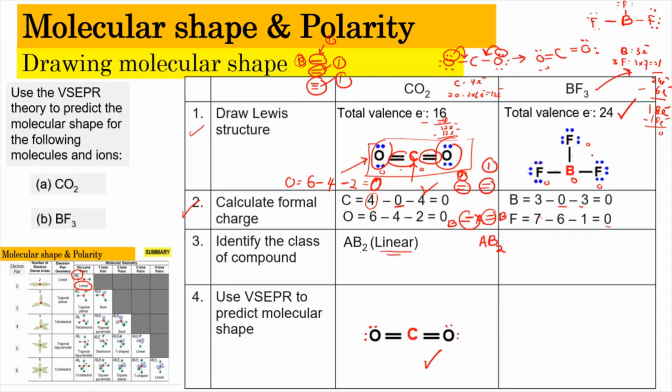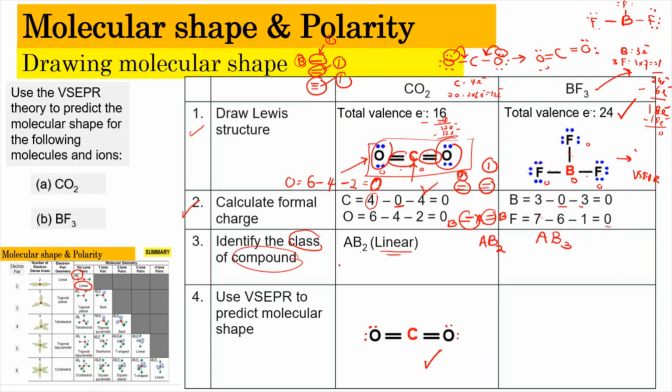However, this is not the molecular shape based on VSEPR. You need to draw the correct shape based on the 3D arrangement. To do that, we need to identify the class of the compound first. It has 1, 2, 3 bonding pairs, so it's going to be AB3.